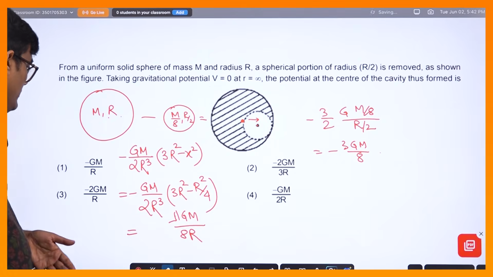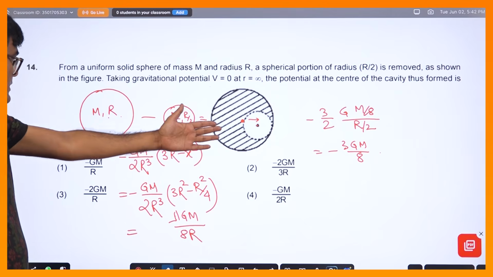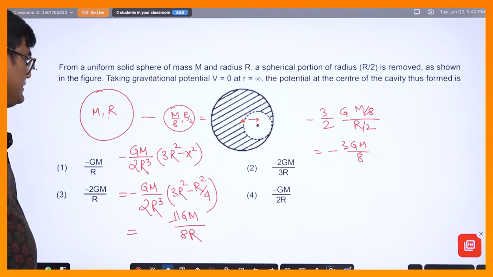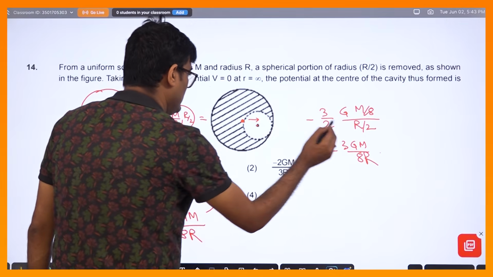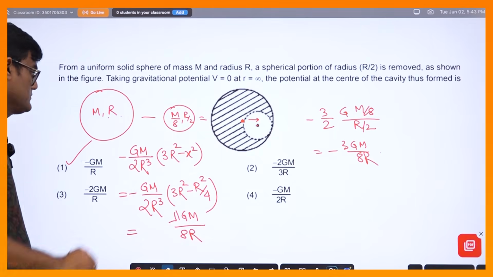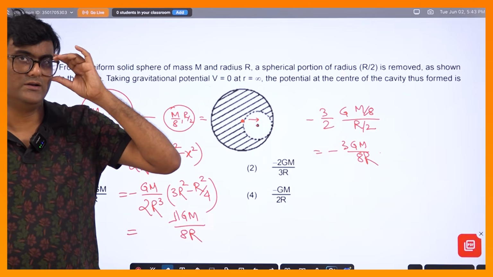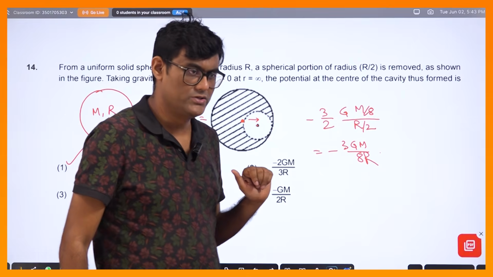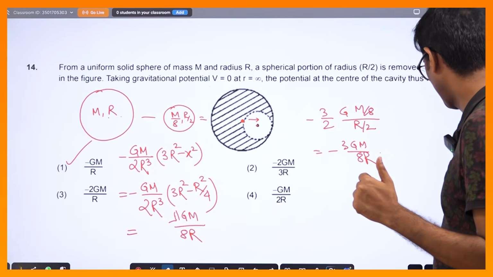If I subtract them, then it is minus gm by r only, because plus 3 minus 11 is minus 8. So minus gm by r is the correct answer for this question. You can just apply the superposition principle to solve this question. I'm sure you have done this question during your preparation, but again it's worth rechecking.